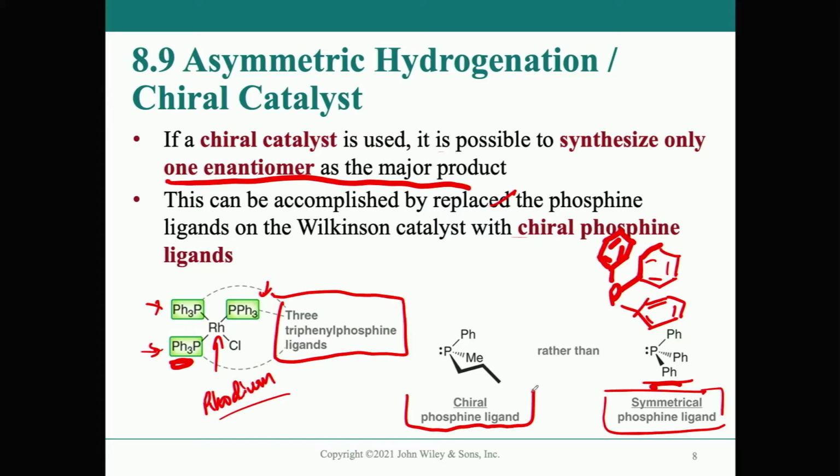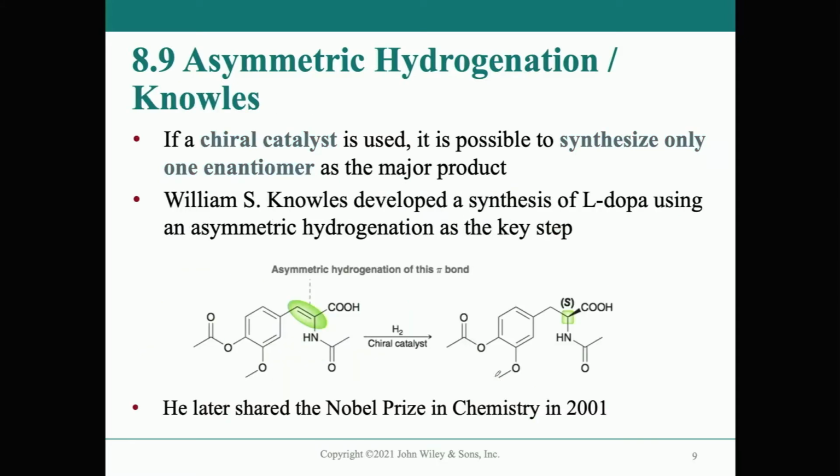This phosphine right here has a phosphorus in the middle, connected to a methyl group, a phenyl group, which is also a benzene, and a propyl group. So propyl, methyl, and a benzene ring. So definitely not symmetrical. And using that, you can actually get a product that is only one enantiomer as its major product.